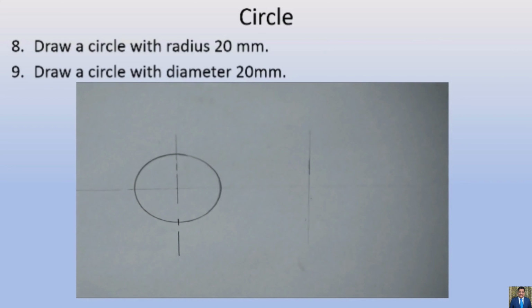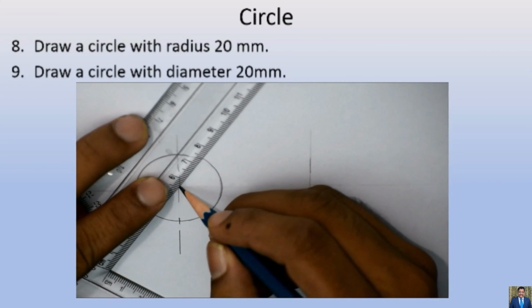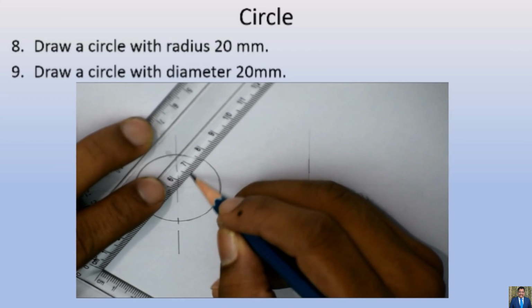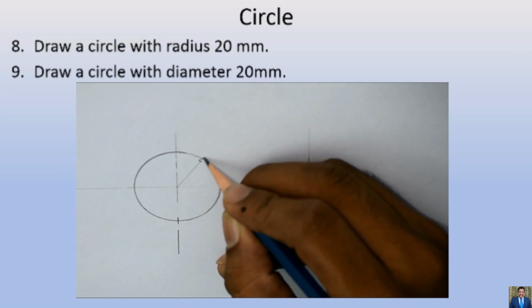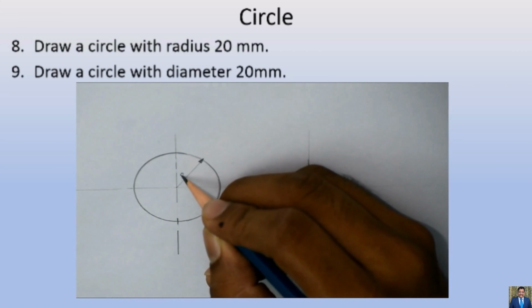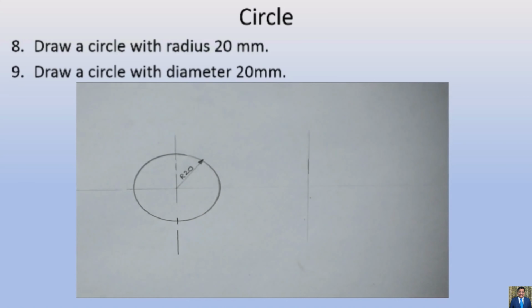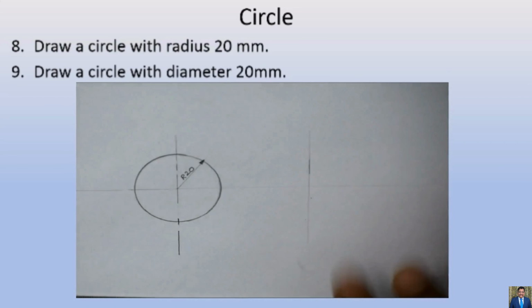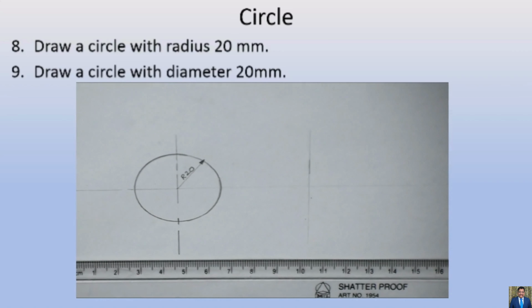Now our circle is completed with 20 mm radius. This was question number 8. Now I will just mark the dimensions also. Note that I have to take only one arrow from the center line. This is going to be R20. You can write inside also, but as far as possible place that outside. You will see about that rule in the next lecture on dimensioning.